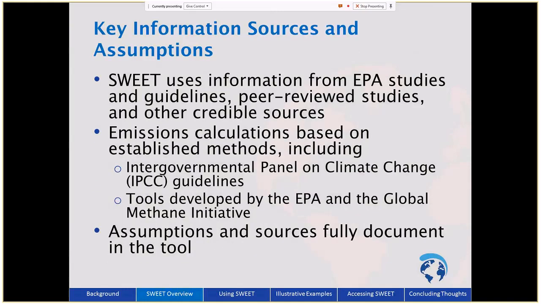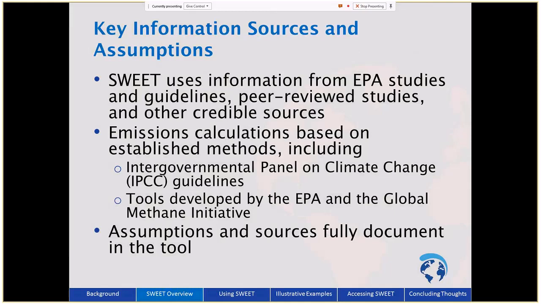The tool was designed using information and data from a range of EPA studies and guidelines, other peer-reviewed studies, and various other credible sources. The emissions calculations are based on established methods, including methods promoted by the IPCC emissions inventory guidelines, and also methods that are available through tools that have been developed by the EPA and the Global Methane Initiative.